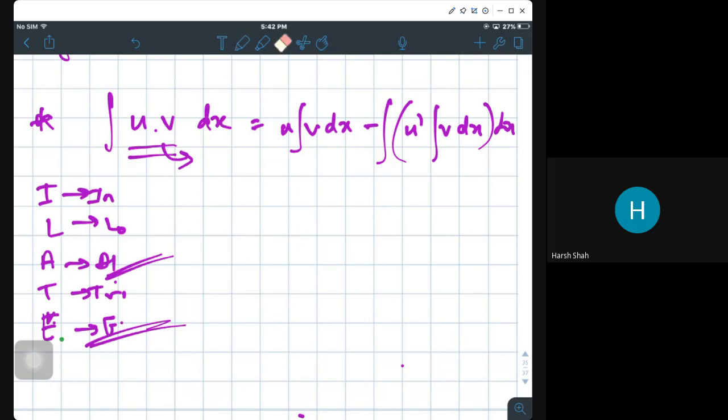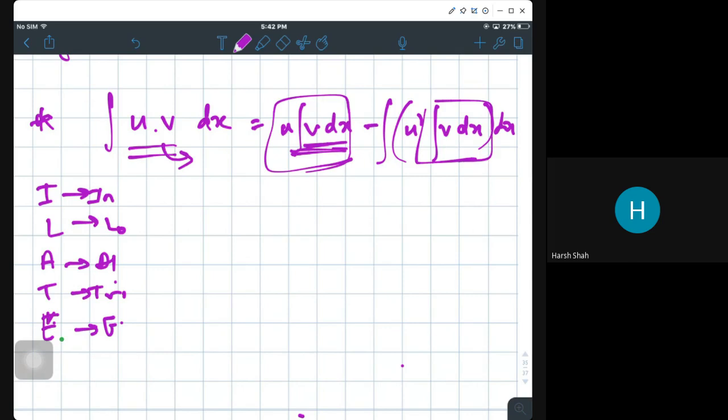Now what you do is you integrate v and you multiply it with u. Then you integrate v again, you multiply it with the derivative of u and you integrate the whole thing. This is what will give you your answer for this integral of uv dx.